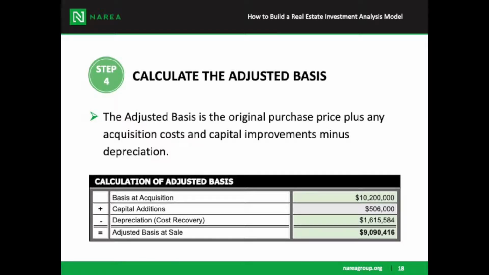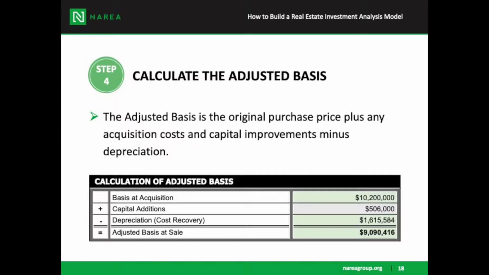So the 4th step is calculate the adjusted basis. Now we're getting into some tax stuff, but it's important to have these ideas if you're really gonna do an investment analysis. So you take the original price that you bought the property for, and you add to that any improvements that you made on it.